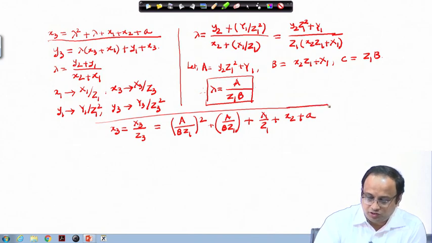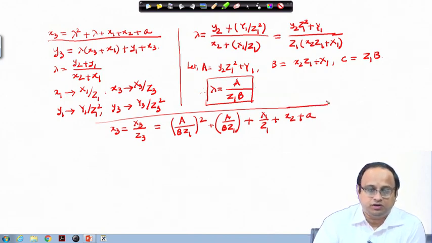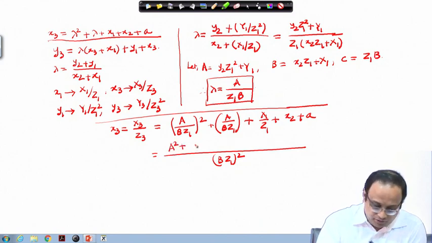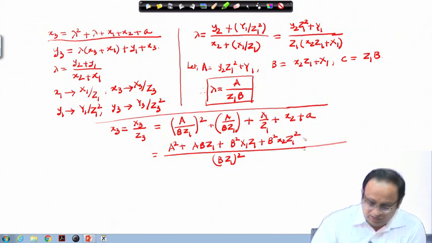Remember small x2 remains in the affine coordinates. So this is nothing but B Z1 whole square in the denominator. The numerator is A square plus AB Z1 plus B square X1 Z1 plus B square small x2 Z1 square plus A B square Z1 square.